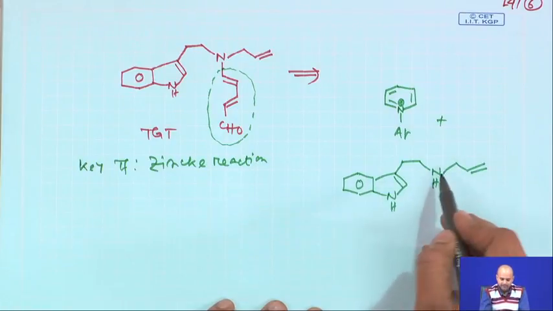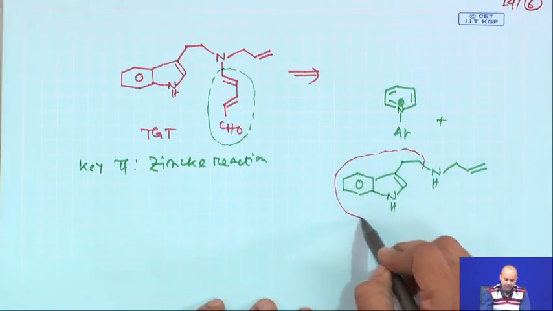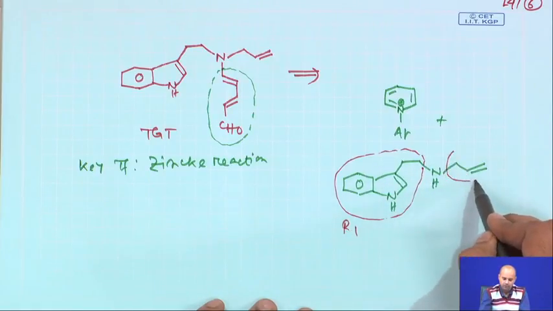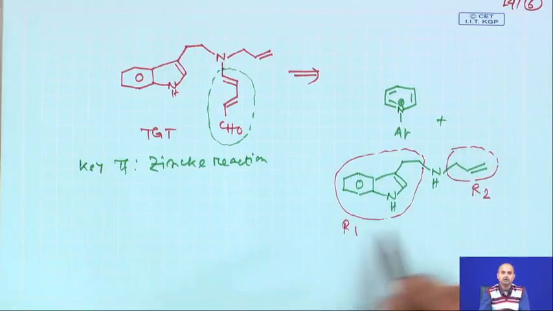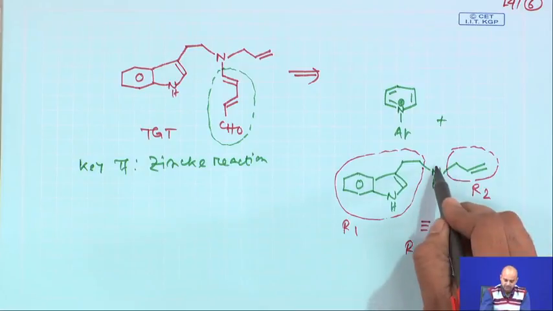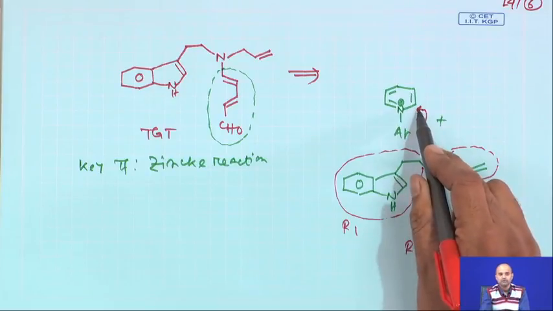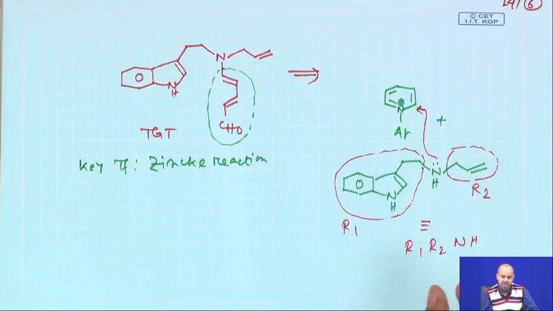If you go back to the general slide, this is the group R1 and this allyl group is R2. So, this is R1 R2 NH, and this nitrogen attacks the 2 carbon in this pyridine, and then you get the initial nucleophilic addition.